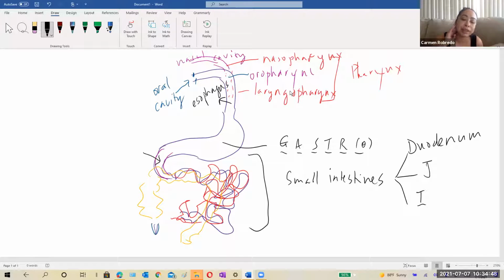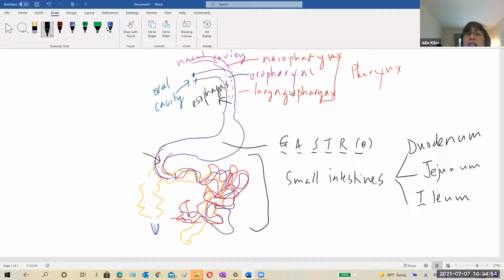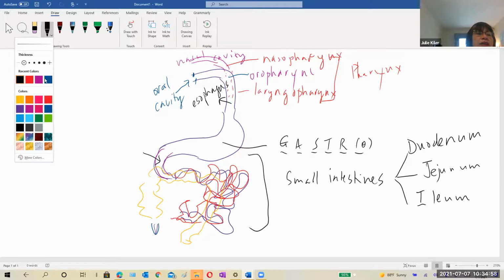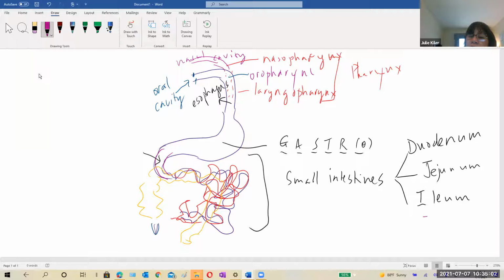Duodenum, jejunum, ileum. Awesome, jejunum, ileum. Now, what's the difference between ileum and ilium? You're gonna have that later, yeah. So don't get confused with ilium. Yeah, what is that ilium? I think that's when we learn about the skeletal system.